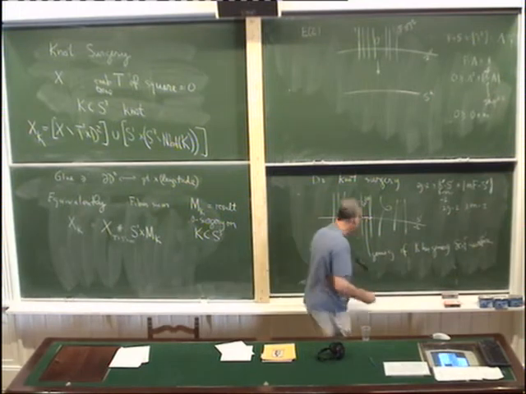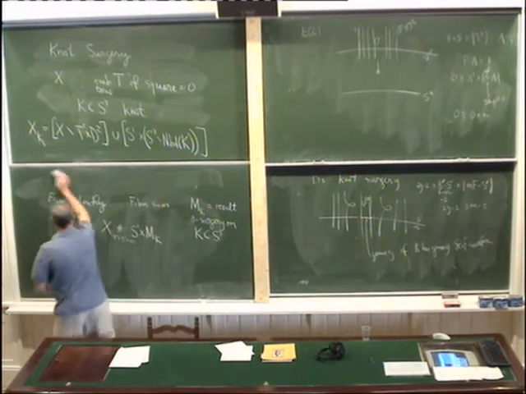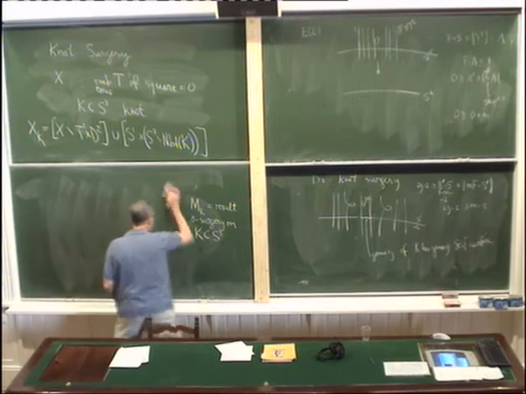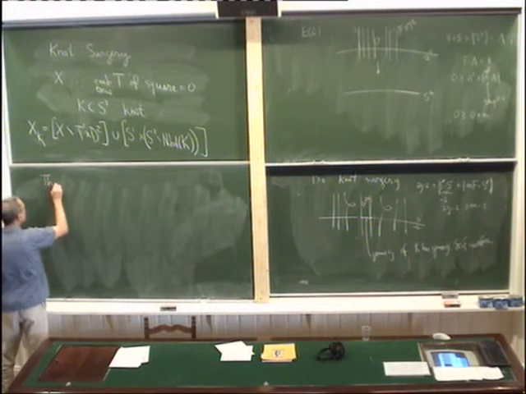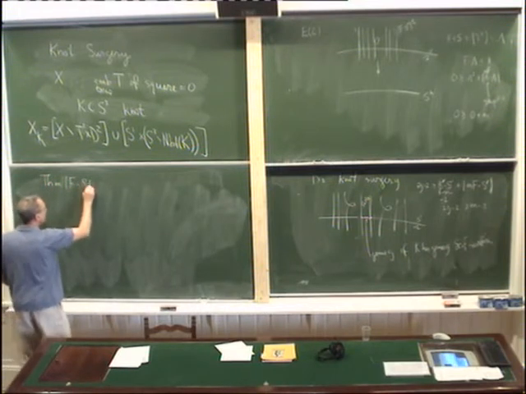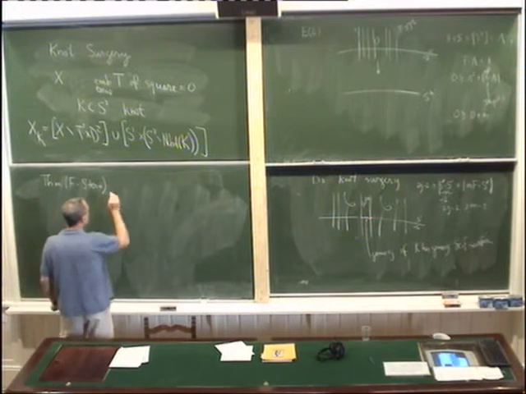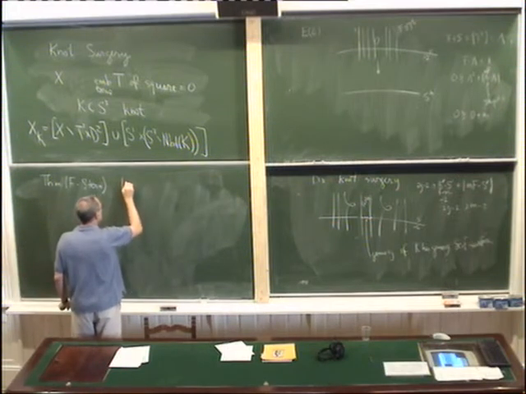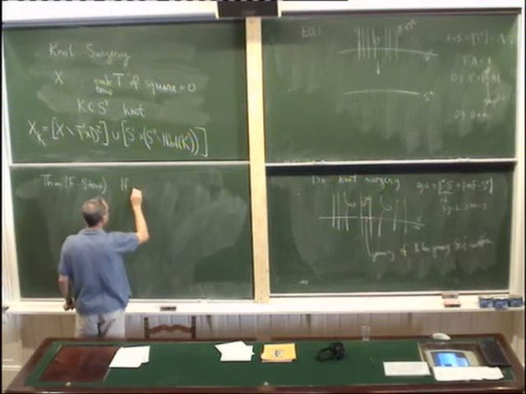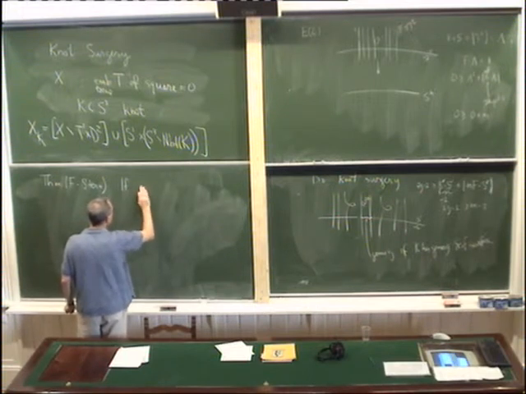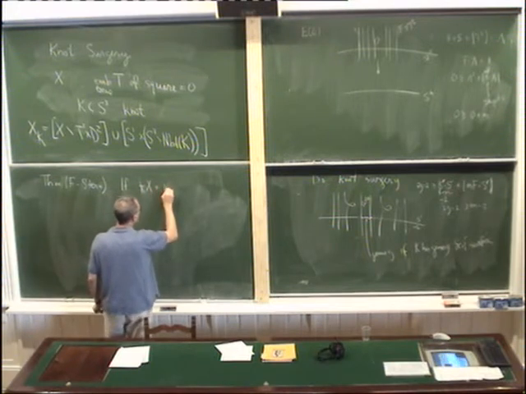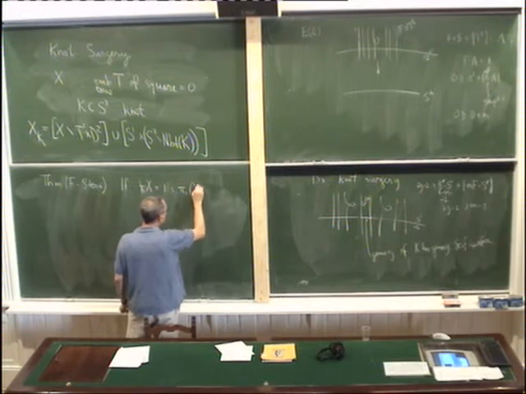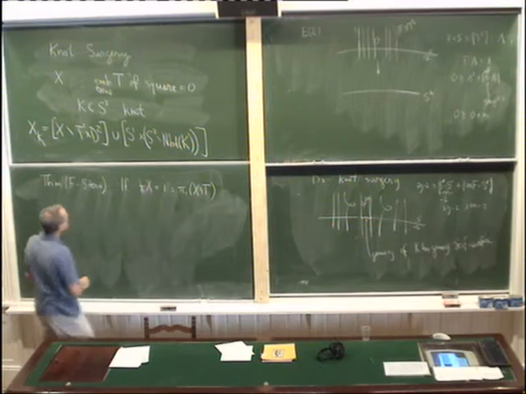And in fact, that's what happens. So the theorem, which is due to Ron Stern and myself, is that, okay, suppose that X is simply connected, and that the complement of a fiber of this torus is simply connected. So T is again, we're in this knot surgery situation.